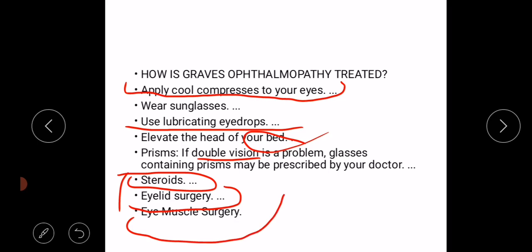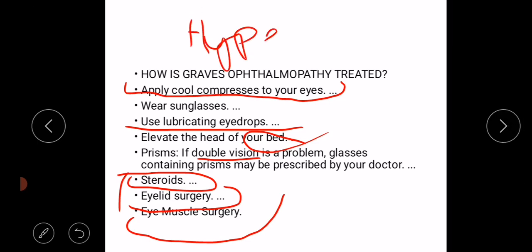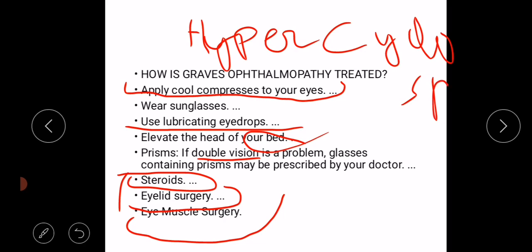Furthermore, the underlying cause, I have told you, hyperthyroidism, is also treated, and cyclosporin can also be given to reduce the autoimmune response.